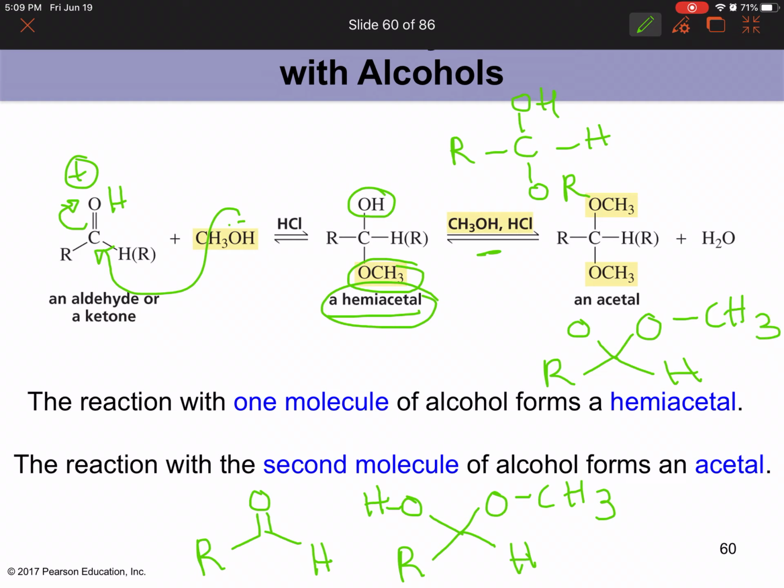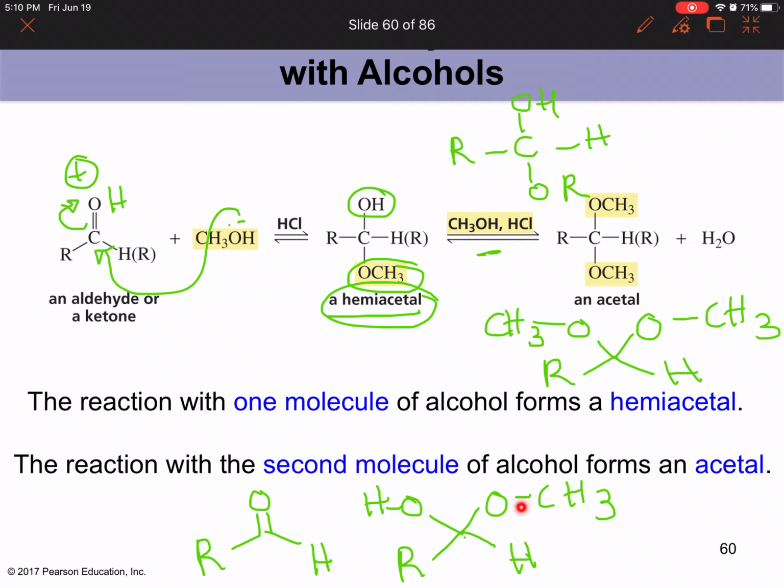Do you see the difference between hemiacetal and acetal? In a hemiacetal, these are the original groups that were attached to the carbonyl group, and then you have now two oxygens. One is a hydroxyl alcohol group, the other one is an alkoxy group, OCH3.